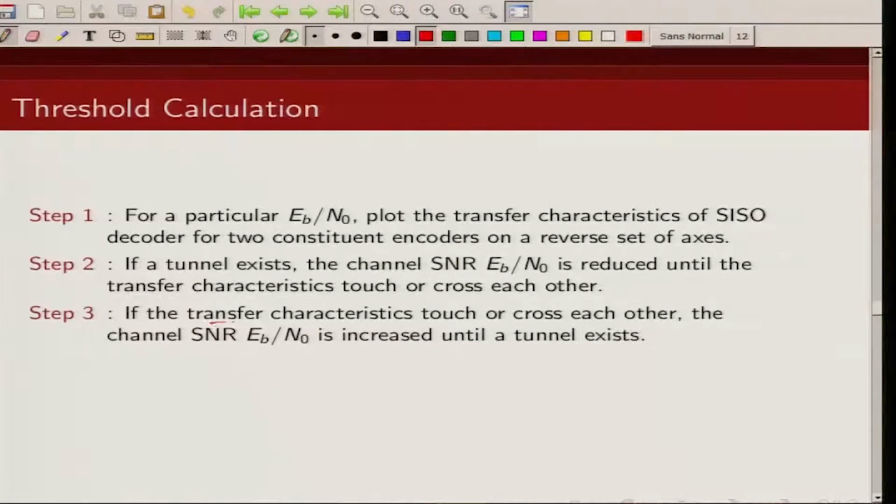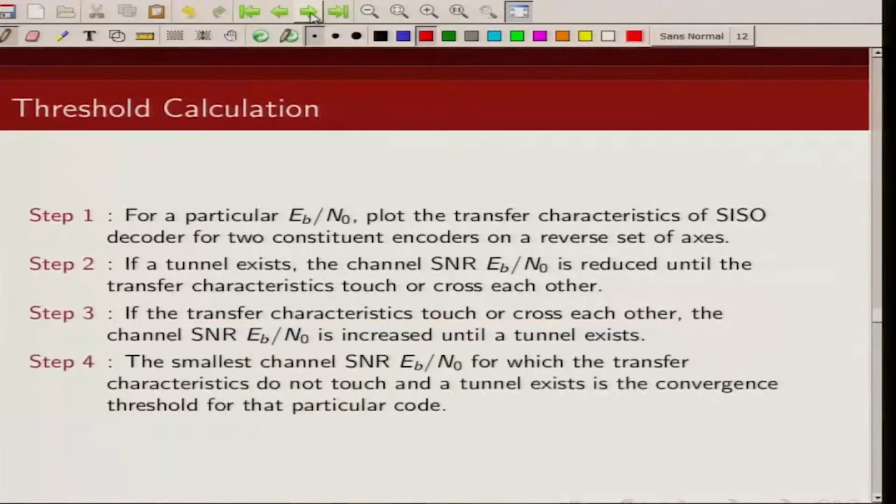So, if the transfer characteristics touch or cross each other, then what we need to do is increase the SNR until there is a tunnel. The smallest channel SNR for which these two transfer characteristics, which have been plotted on reverse axes, do not touch and a tunnel exists, is basically the convergence threshold for that particular code.